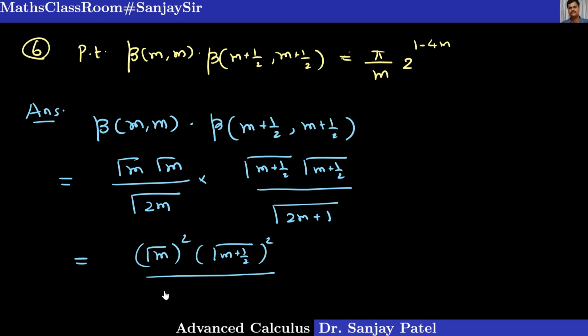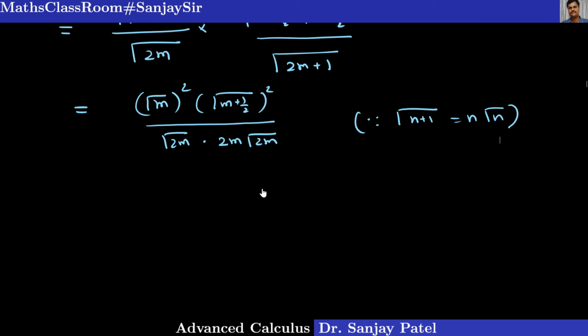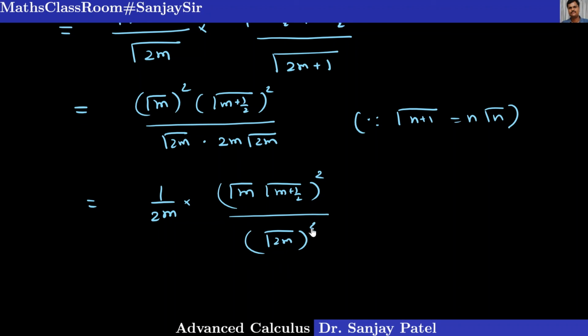So what I will get is 2m into gamma 2m, because gamma n plus 1 is equal to n into gamma n. Now what we are getting here is this is equal to 1 upon 2m into gamma m into gamma m plus 1 by 2 square upon gamma of 2m square. Let me call this result star.